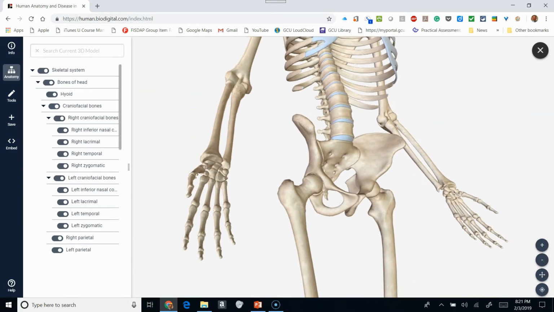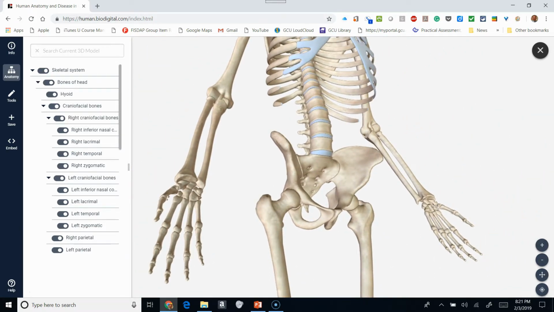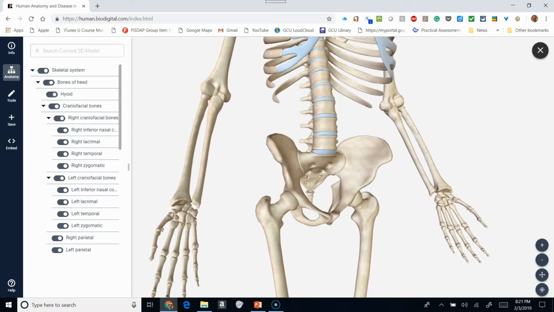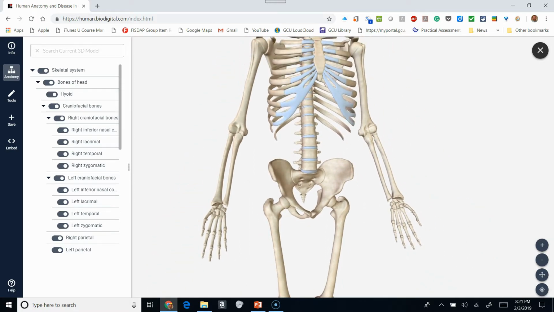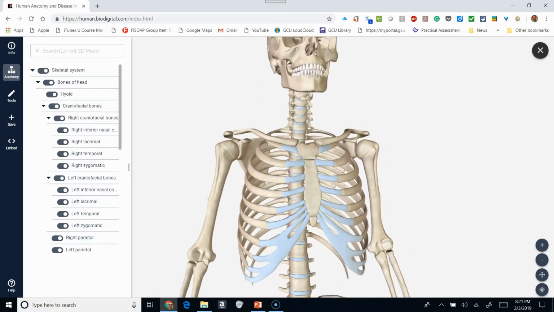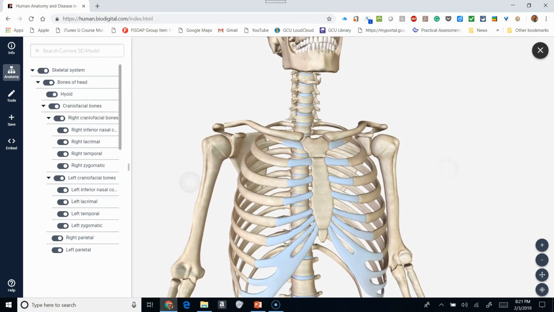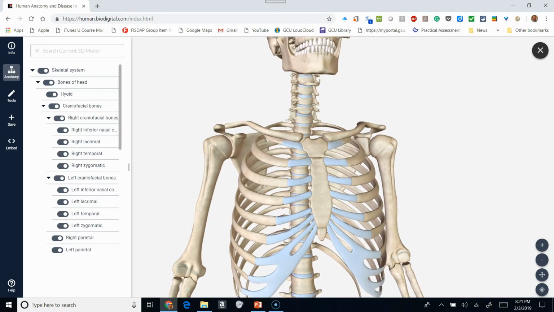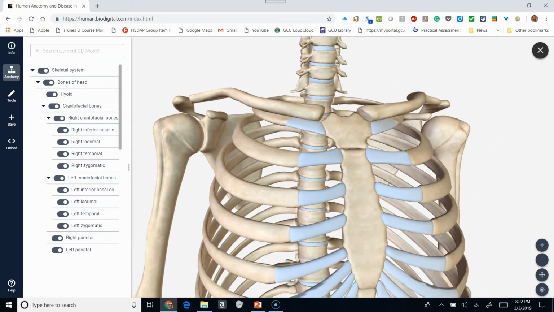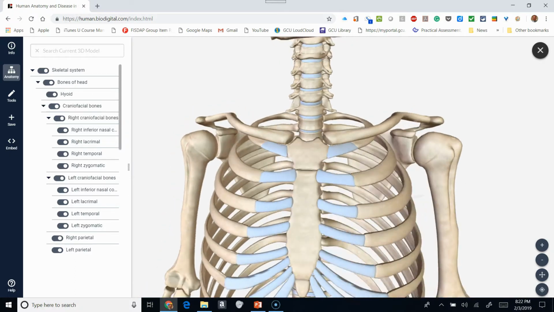A couple other things we need to take a look at: the upper extremities. Let's start up here at the shoulder area. Let's turn this around here.